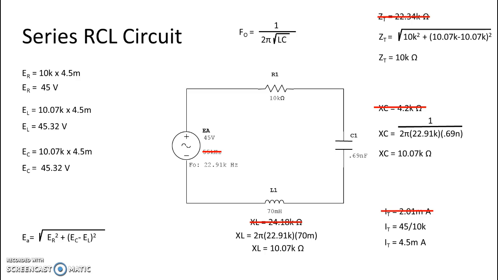You'll see the voltage on the capacitor minus the voltage on the inductor, or vice versa. It really doesn't matter. But you'll notice that because they have the same voltage, we're going to have 0 there. And we're going to come into the same scenario that we had up in impedance, where we have 0 and it doesn't matter because if you square and square root it, you still have 0.